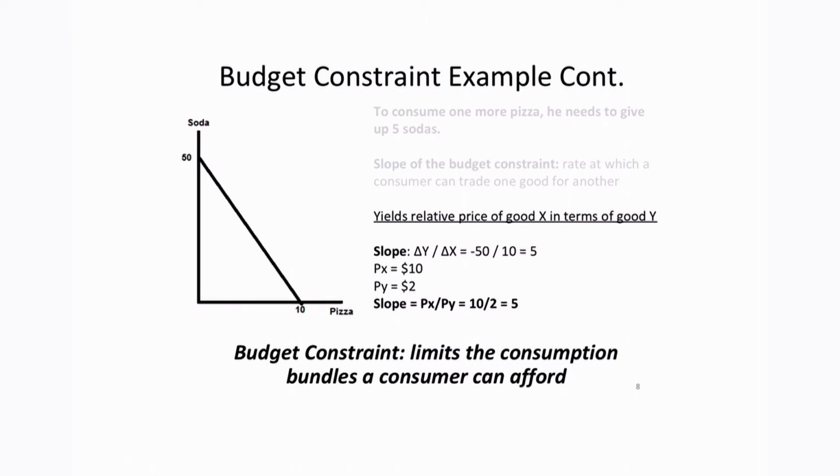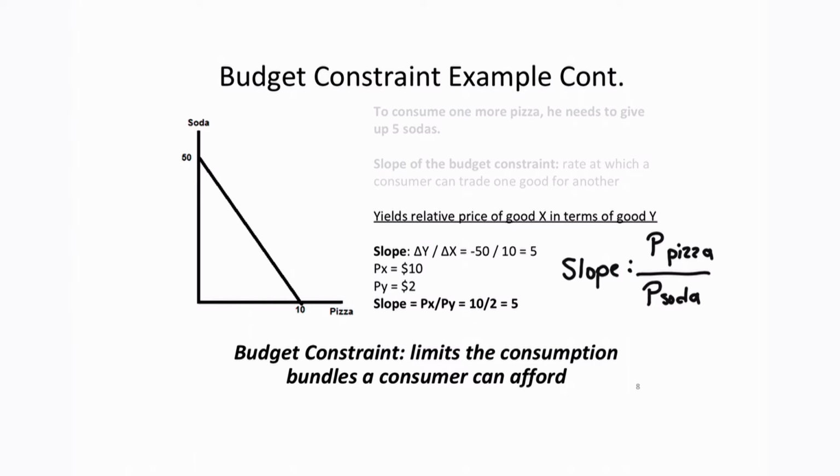So remember, when we calculate the slope, it's the change in Y over the change in X. Another way that we can think about the slope is the slope is going to be the relative price of good X in terms of good Y. So here, the slope of our budget constraint is going to be the price of pizza divided by the price of soda.